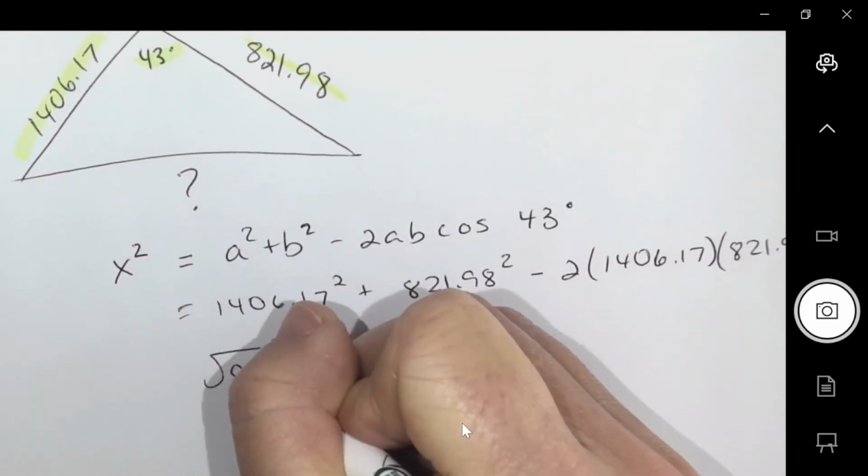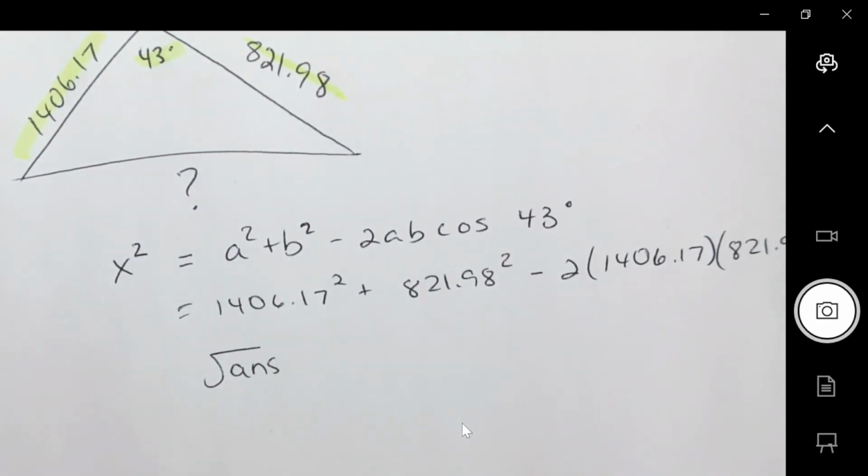Don't forget to square root your answer. You'll probably think of it because your number might be so big that it might not make sense in the context if you forget to square root it.